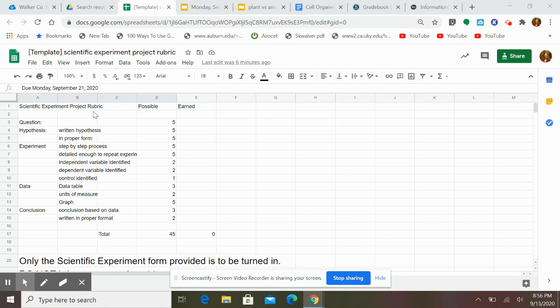So today, you will develop your question and you will turn it into me through Schoology. You can either type it directly into the box that is provided on Schoology, or you can create your own document and upload that file. Either way, you will submit your question that you intend to test for this particular project.